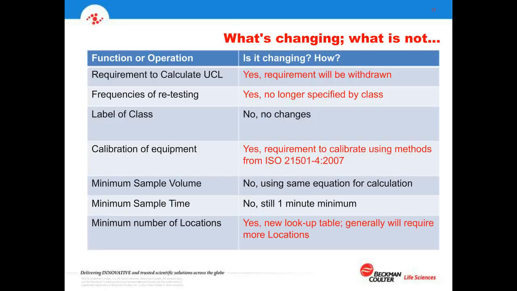However, the minimum number of locations did. And so we'll address that. And again, this was to put the standard on a slightly better statistical footing where we could see at the end of the assessment data that gave us a 95% confidence that we met the room classification.